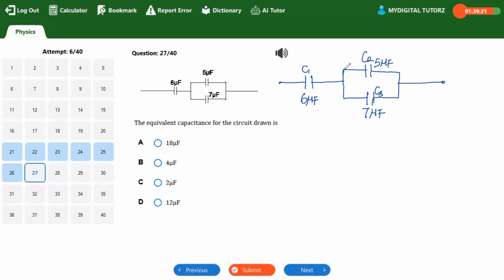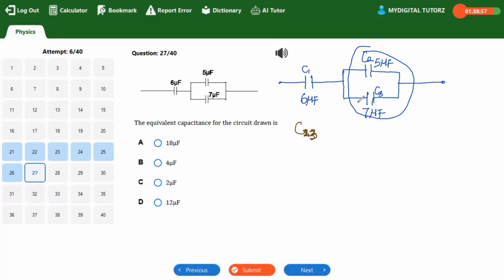When you have something like this, always go for the what? First of all, go for the ones in parallel and sum them together. So when capacitors are in parallel, the equivalent capacitance, here being 2 and 3, we call it C2,3.